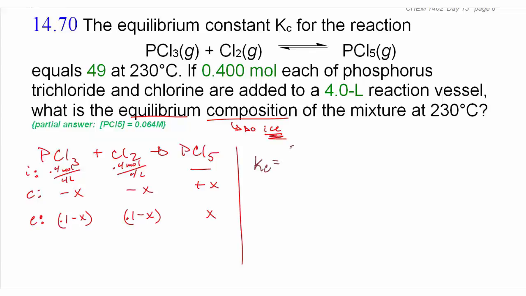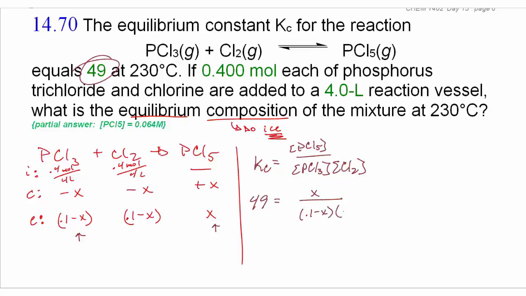Products over reactants. Phosphorus pentachloride all over phosphorus trichloride and chlorine. So Kc is 49. So 49 has to equal phosphorus pentachloride, which is x, divided by phosphorus trichloride, which is 0.1 minus x, and the same for the chlorine.